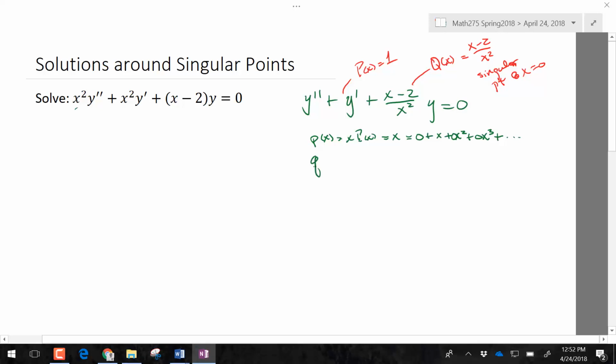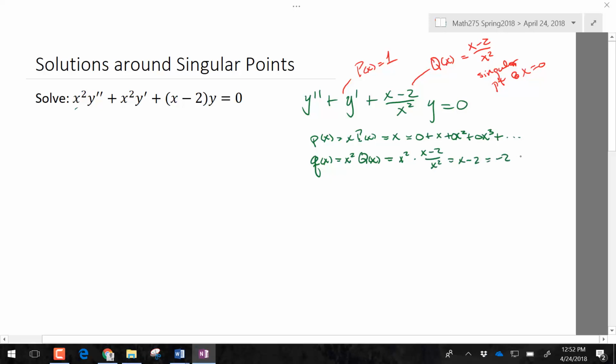The little q of x is going to be x squared times capital Q of x, and the x squared is going to essentially cancel out, right? So it'll be x squared times x minus 2 over x squared, which is just x minus 2.